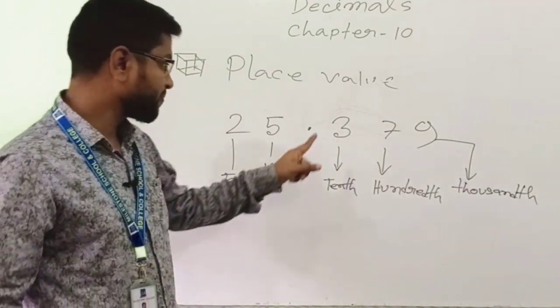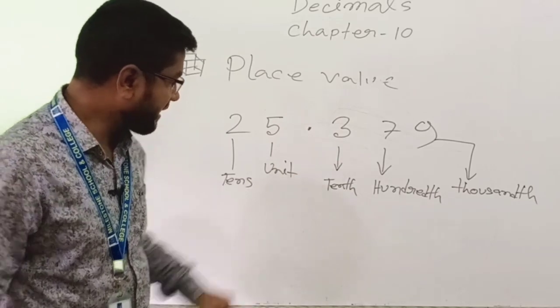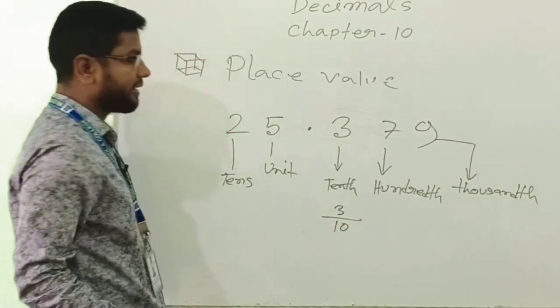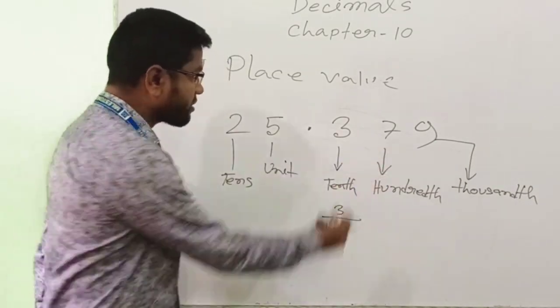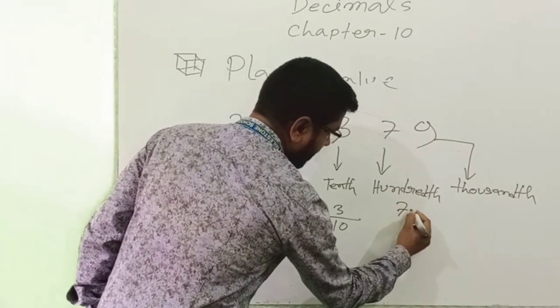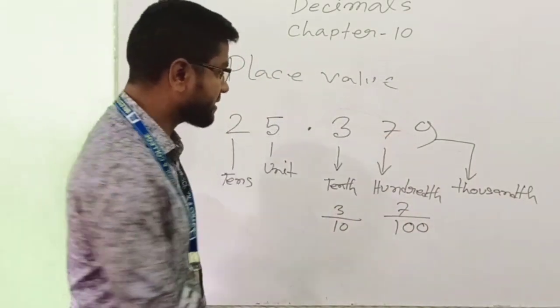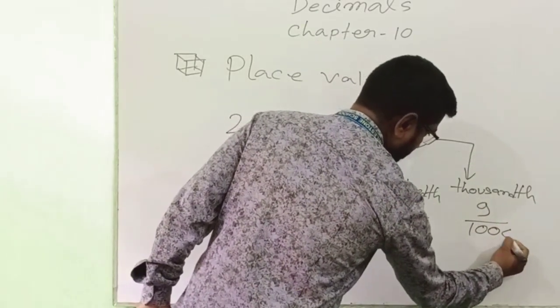That means if we express the number, it will be 3 by 10. 3 by 10. How will I write this one? This value is 7 by 100. And this value is 9 by 1000.